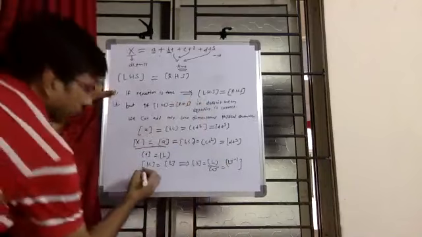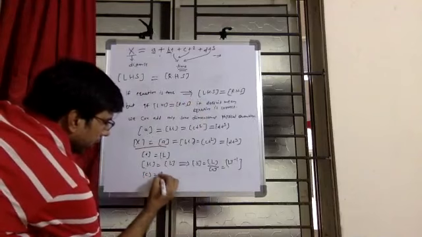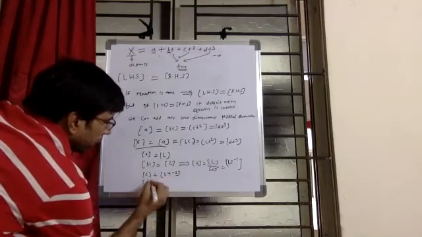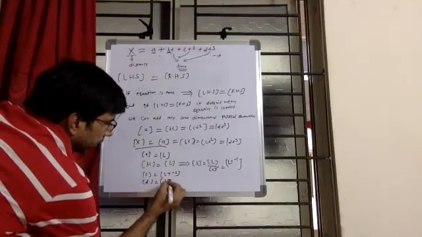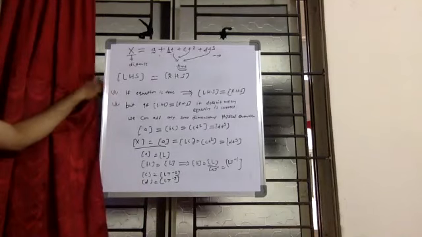Similarly, we can find out for C, that will come as LT minus 2. And for D, it will come as LT minus 3. Okay?